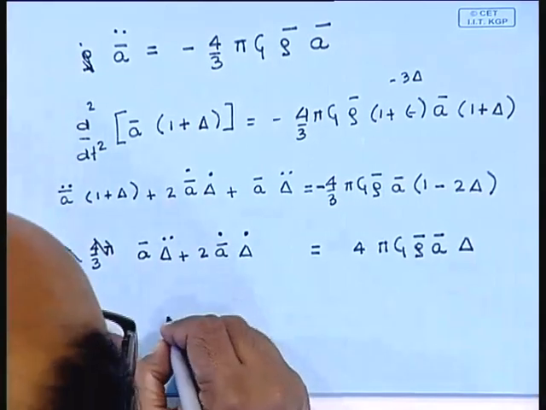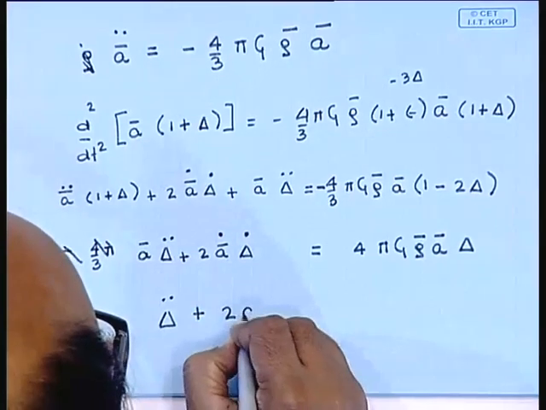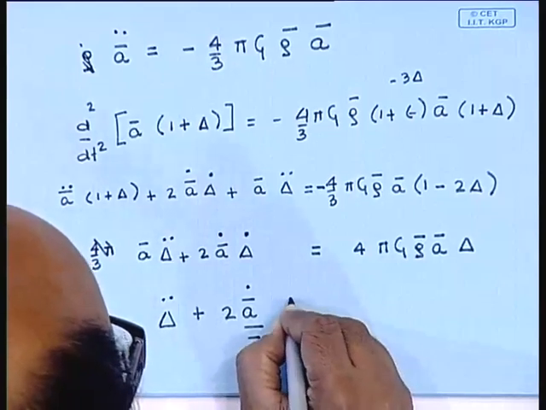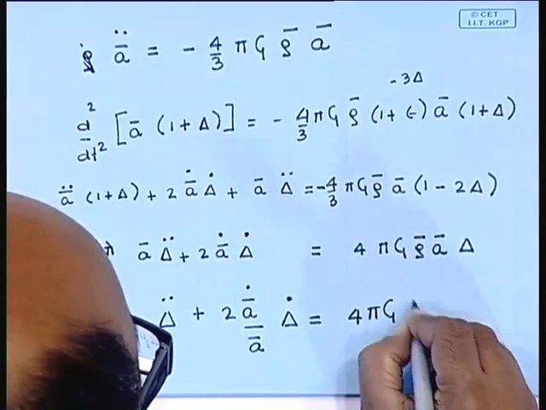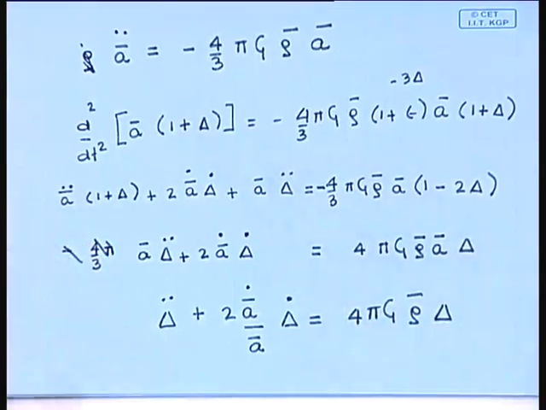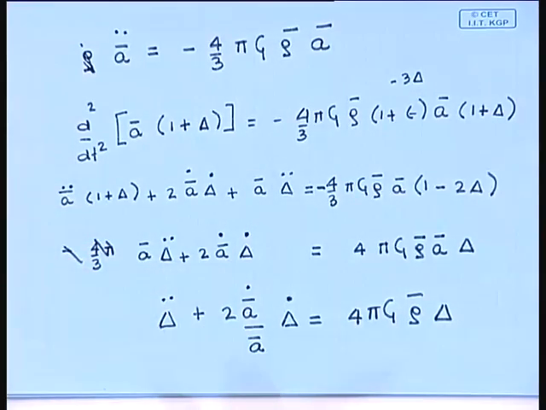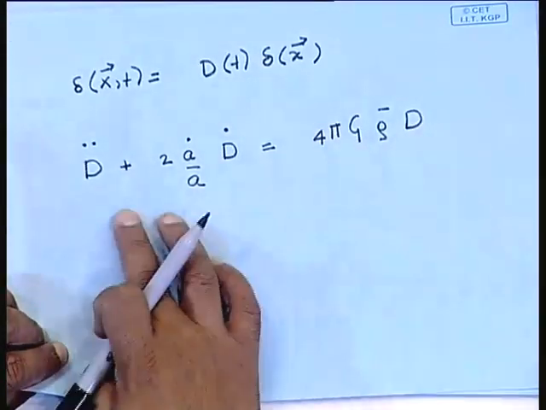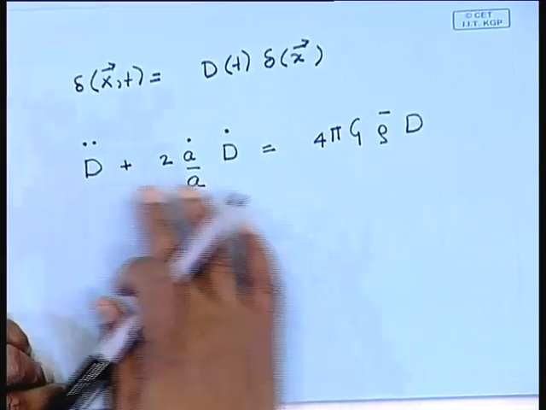So we are led to an equation: delta double dot plus 2 A bar dot by A bar delta dot is equal to 4 pi G rho bar delta. A bar refers to the background cosmological model. This we see is exactly the same equation as this.